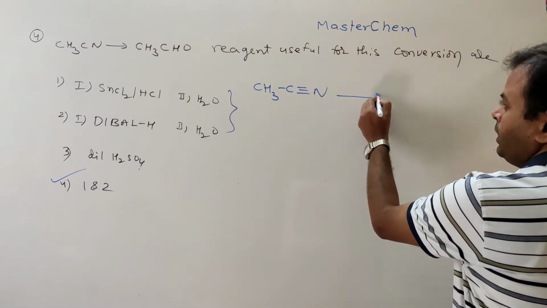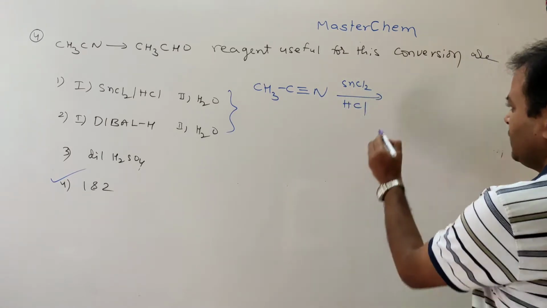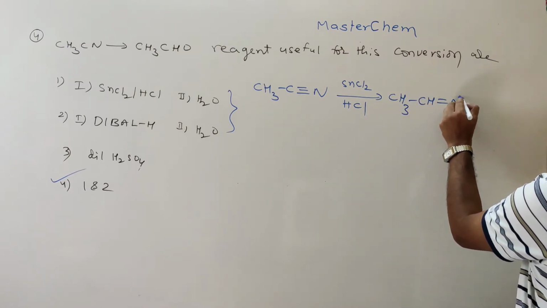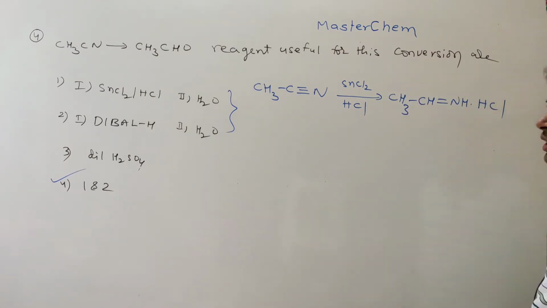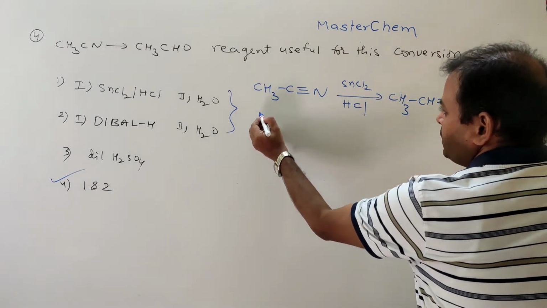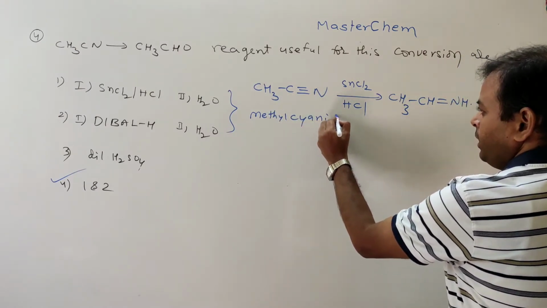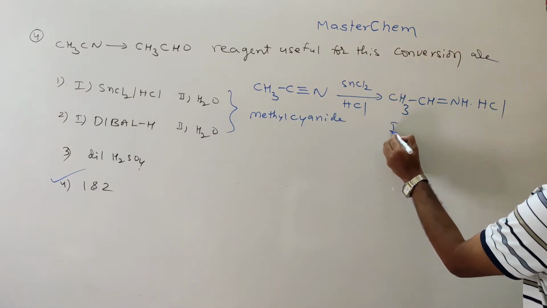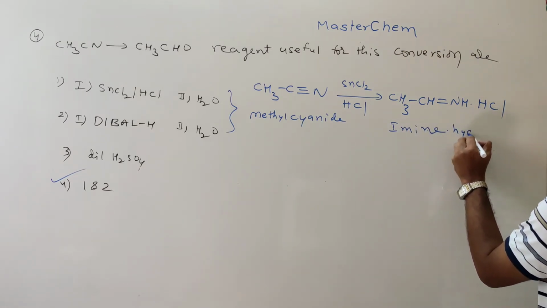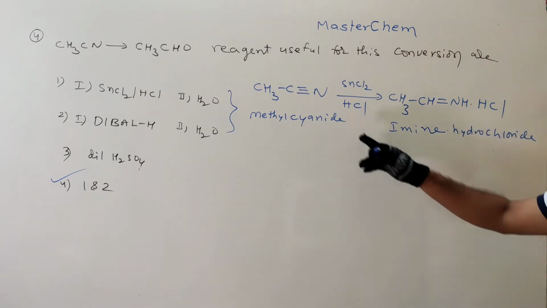Now here, SnCl2 and HCl. What does it give? CH3CH=NH·HCl, the corresponding hydrochloride. So this is methyl cyanide, and here it gives imine hydrochloride. What happens here?